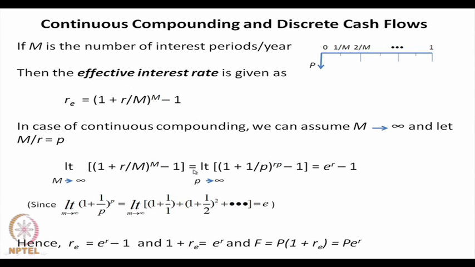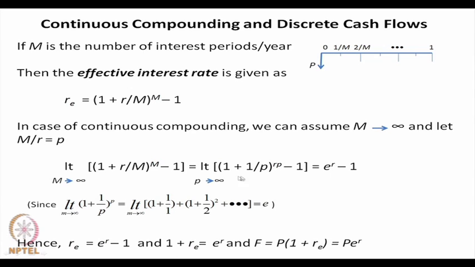If m tends to infinity, then p also tends to infinity if p is defined in this fashion. So, I can write p tends to infinity, and this 1 remains 1, r by m I now write as 1 by p, just the inverse of m by r is r by m, therefore it is 1 by p, and the exponent m is nothing but r p. So, it is r p.